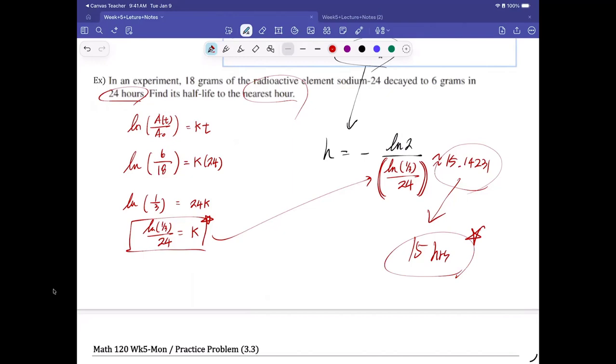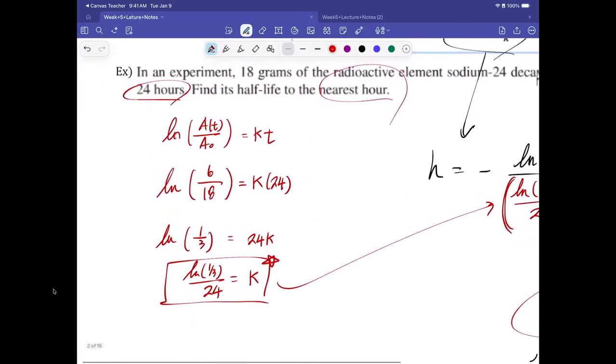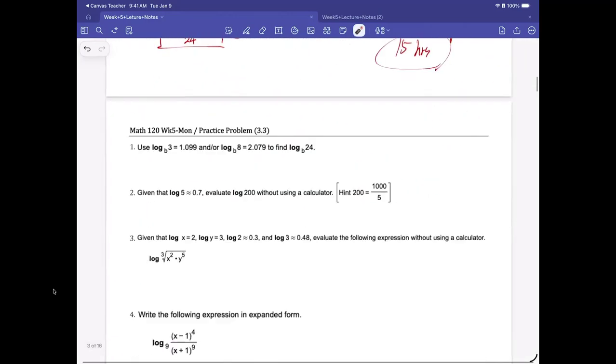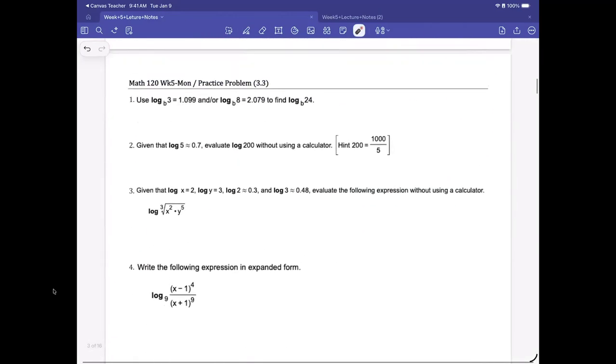Okay, so start with k, find the k value, and then plug into the half-life formula. And the relationship between A of t and A of 0 is that A of 0 is where you start, and A of t is the final amount, okay?